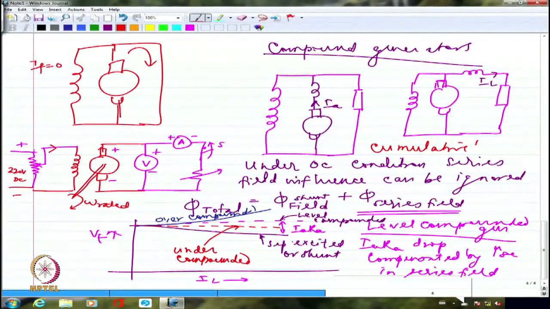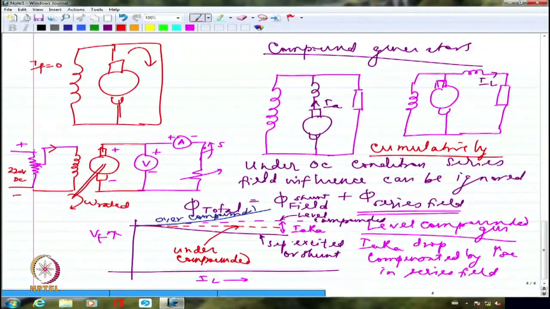Cumulatively compounded generator refers to where the series field and the shunt field aid each other. If both of them aid each other, I call that cumulatively compounded. Under cumulatively compounded, I have three configurations: one is level or flat, the second is under compounding, and the third is over compounding.